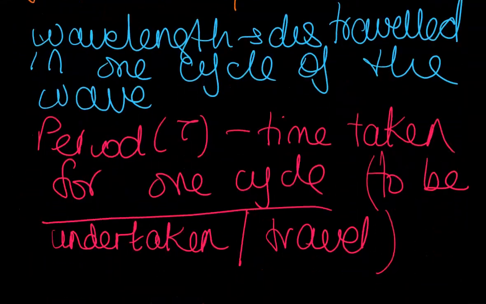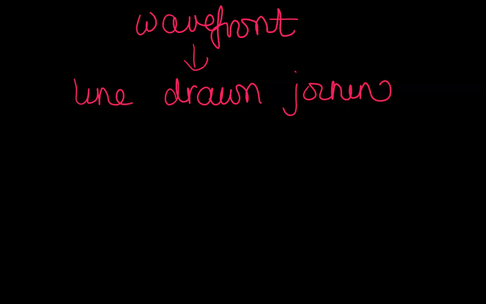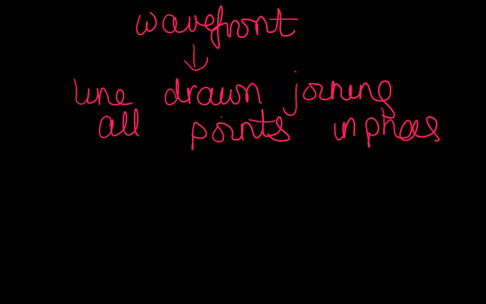Okay, so now let's look at a second way that we can represent a wave, and that is as a wave front. Now a wave front is simply a line drawn joining all points in phase with each other.